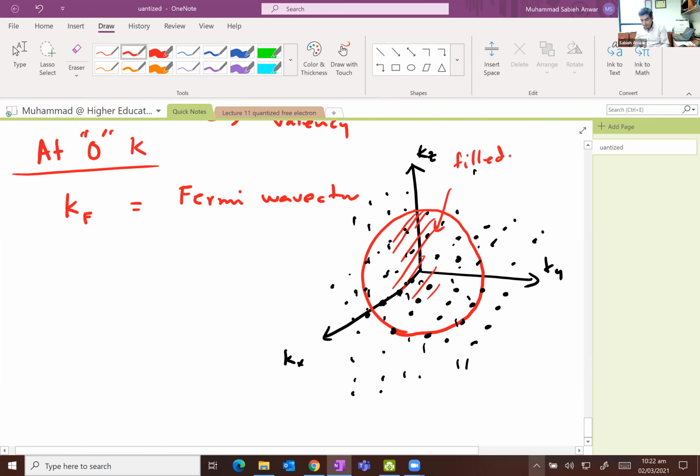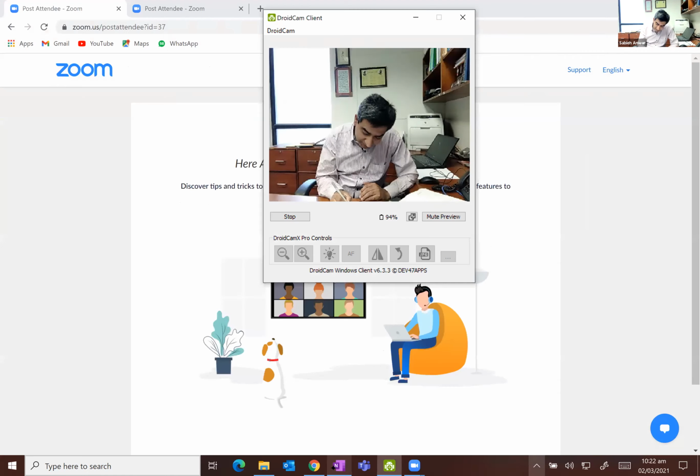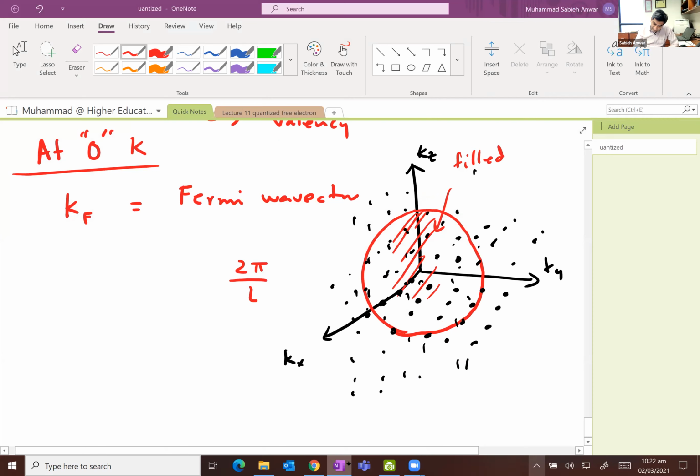Now remember that these k points are really fine together, because the separation between these points is 2 pi over L on each dimension. L is large. Even if L were 1 millimeter, 2 pi over L is going to give me some number, and you can find out that these points are really close together as compared to the reciprocal lattice vectors.